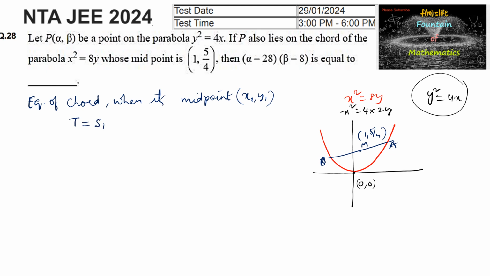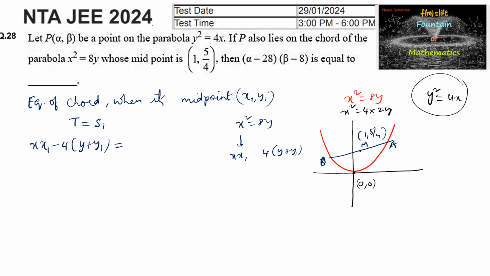That is, for the equation x square is equal to 8y, we can replace x square as x x1, and 8y can be taken as 4 times of (y plus y1). So 8y we can write as 4 times (y plus y1). So the equation can be taken as x x1 minus 4 times (y plus y1) is equal to S1.